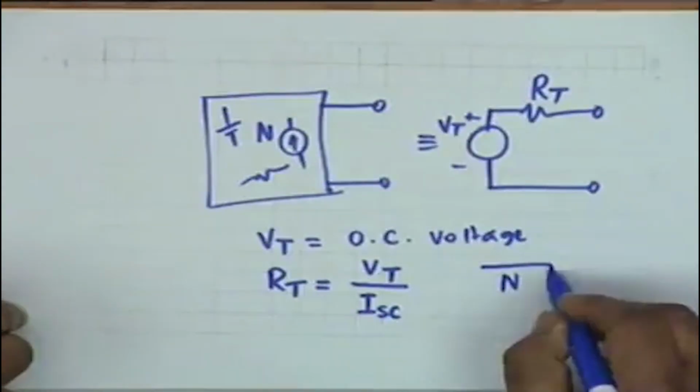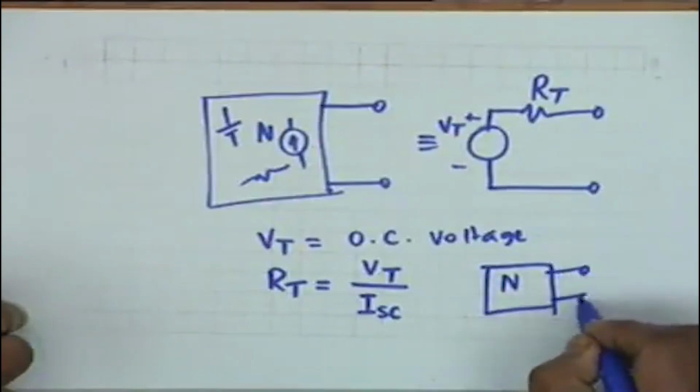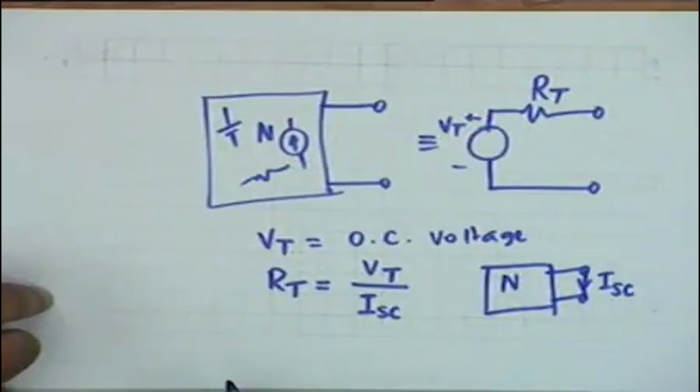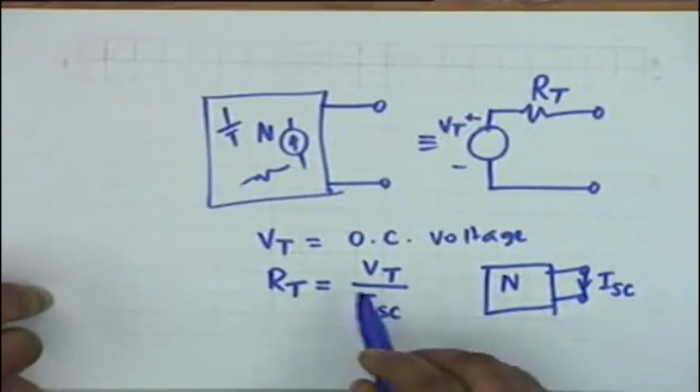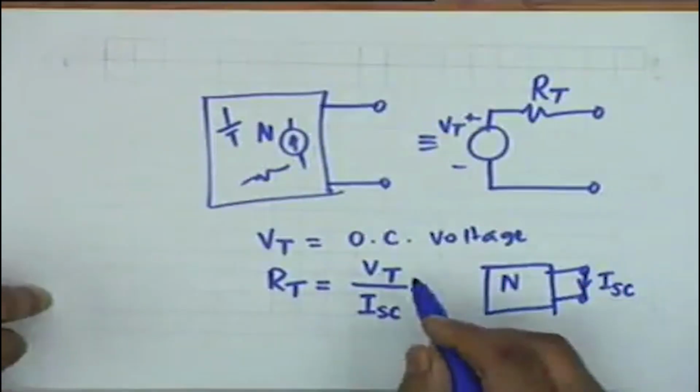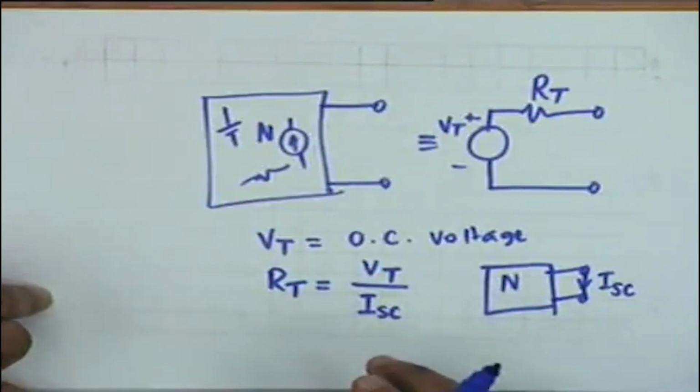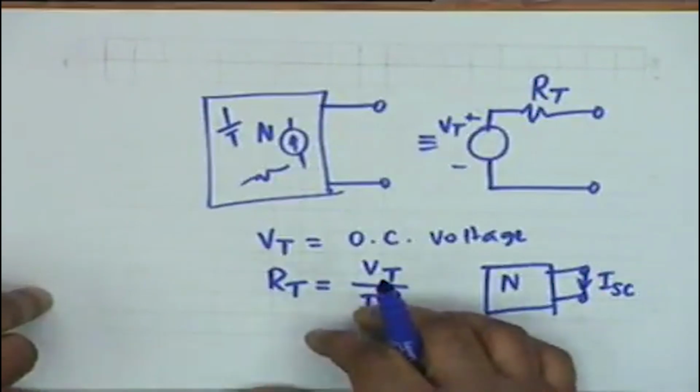That is, N, the terminals are short circuited. So this is ISC, the short circuit current. The ratio of the open circuit voltage to the short circuit current is Rt. This is one interpretation of Rt.